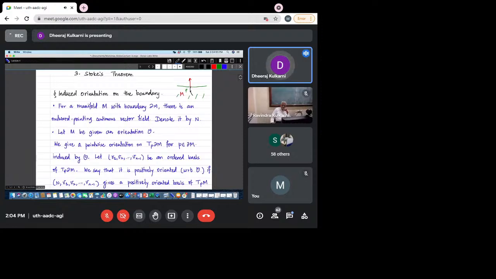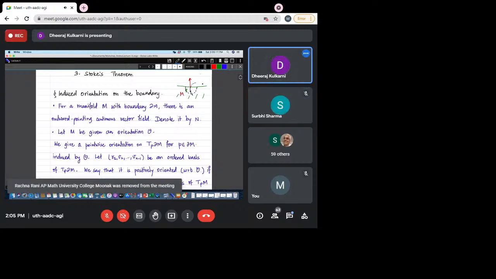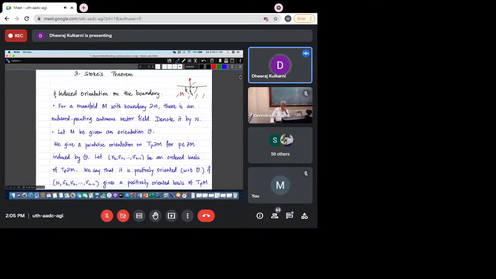Imagine you had extended this path locally when you had taken this half chart, which maps diffeomorphically a small neighborhood around this point p to a small neighborhood of, let's say, the origin in upper half space. So one can extend these things and make sense of tangent vectors which are pointing outward and inward.